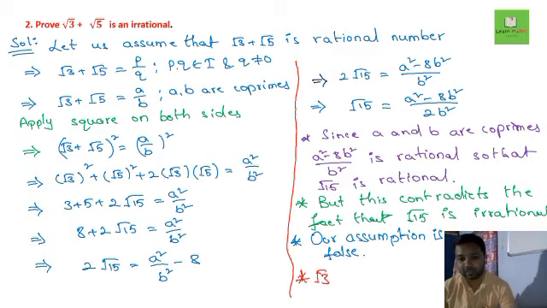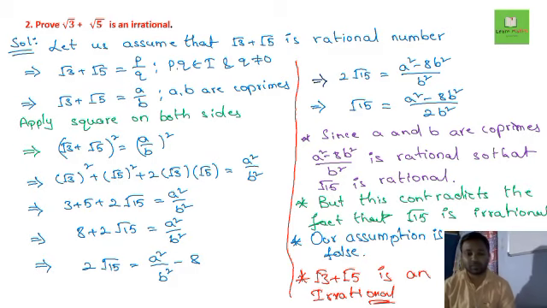If our assumption is false, then it is not said to be a rational number. If it is not rational, then root 3 plus root 5 is irrational. That's it. Root 3 plus root 5 is irrational.